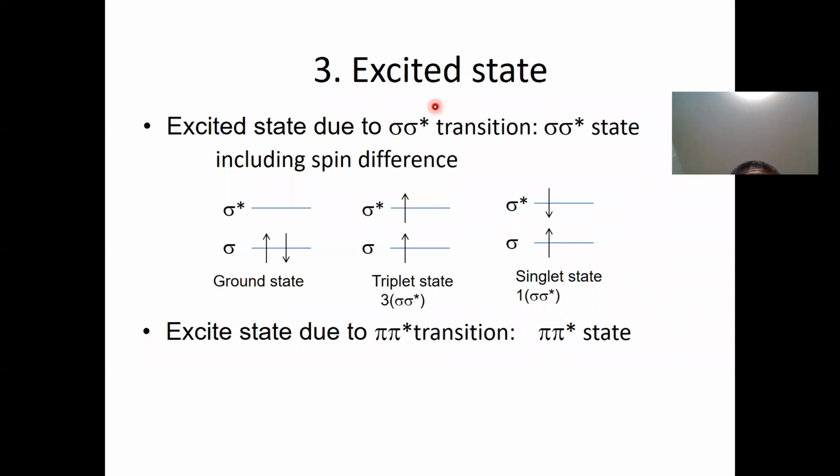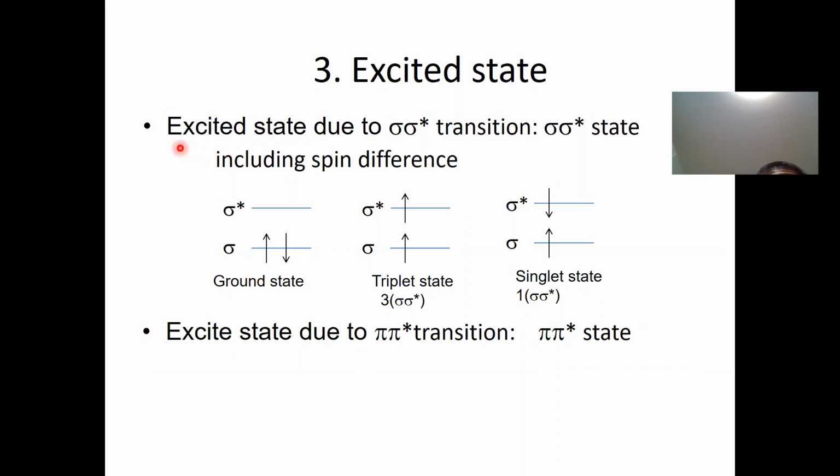When light is irradiated to the molecules, molecules always absorb light, and then the molecules change from the ground state to excited state. So in any photochemical reactions, excited state is quite important.